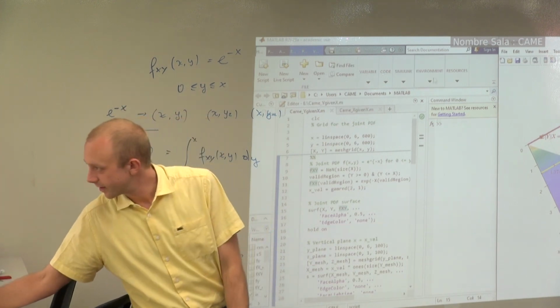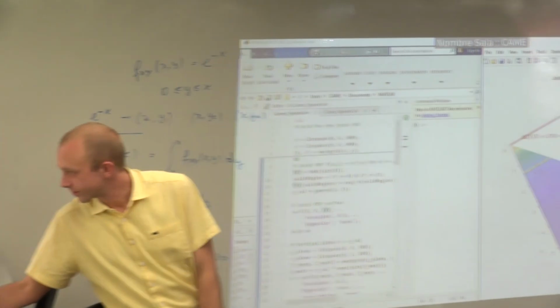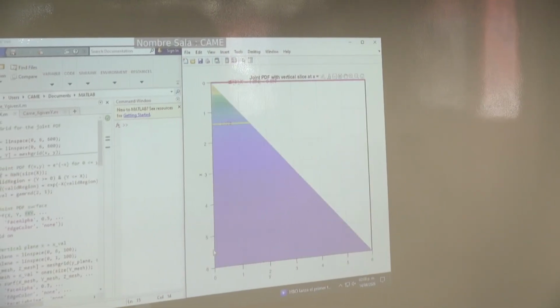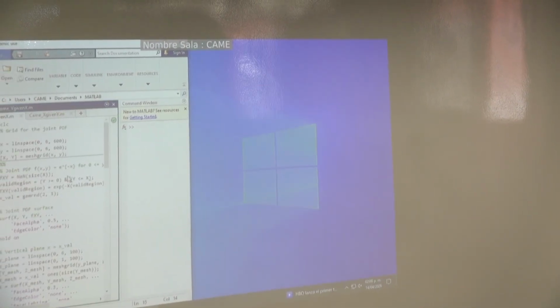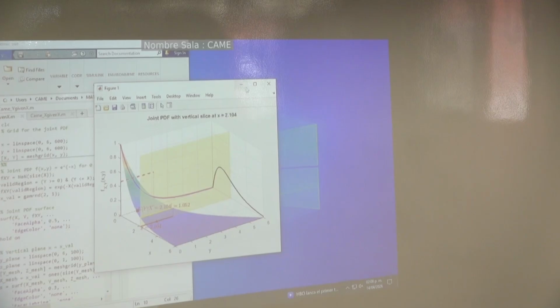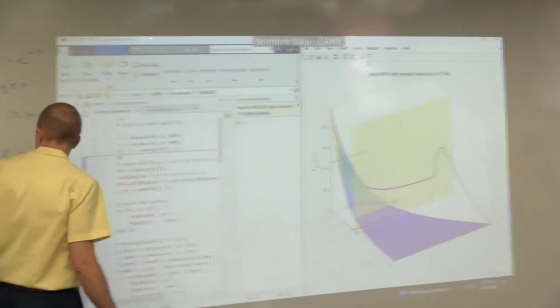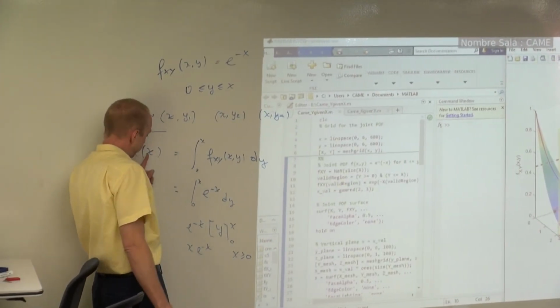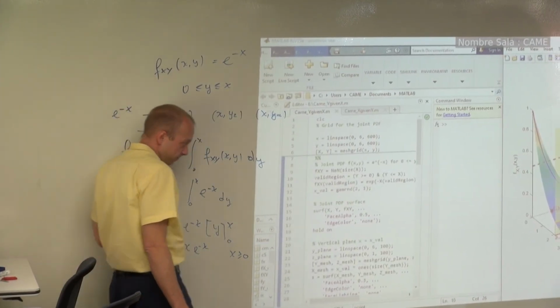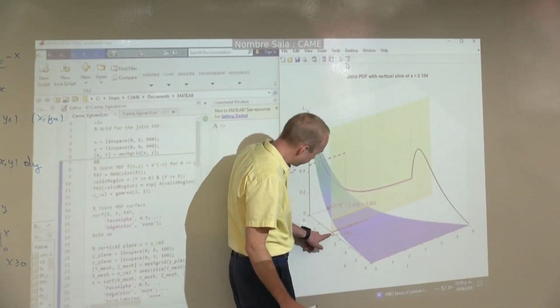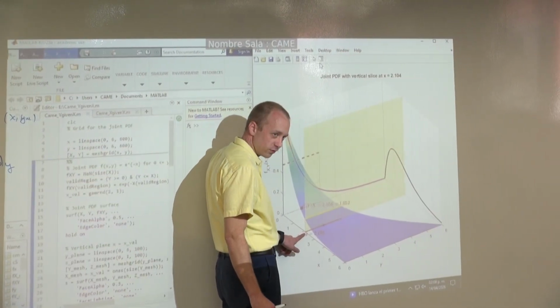Practically speaking, let's go back to this. So I want to evaluate the density at a given x. So I fix the x and I want to get the density for this value of x.